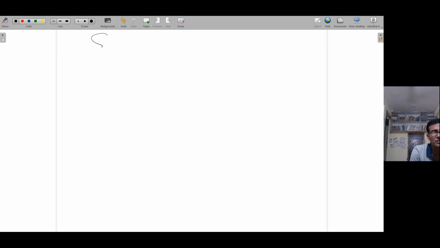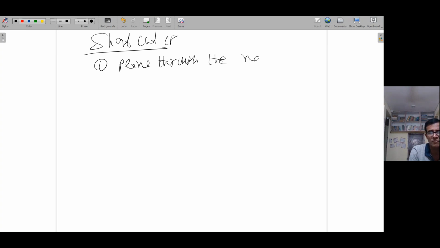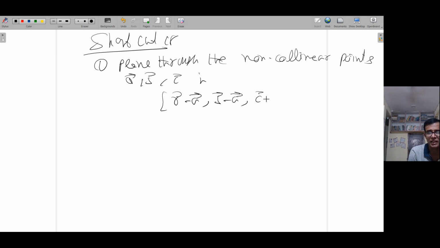Now next, shortcut 18. Plane through the non-collinear points A vector, B vector, C vector is (R minus A), (B minus A), (C minus A) equal to 0.